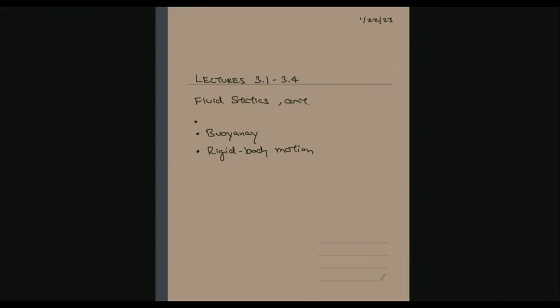forces on a submerged surface, an example. We'll just work out an example to make sure everybody understands how I'd like things to be done.